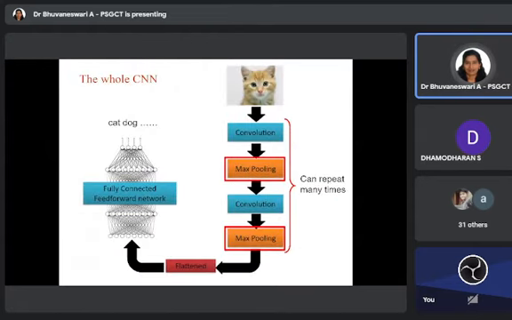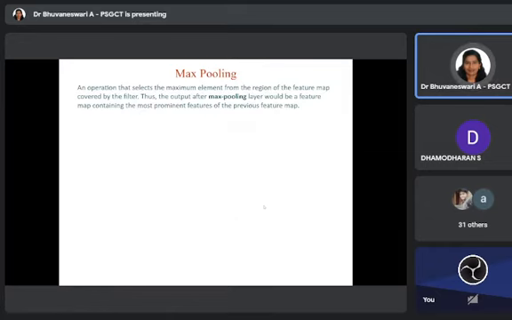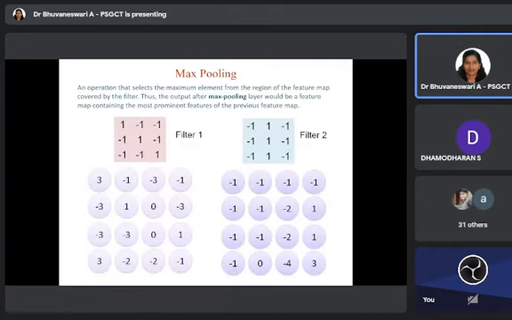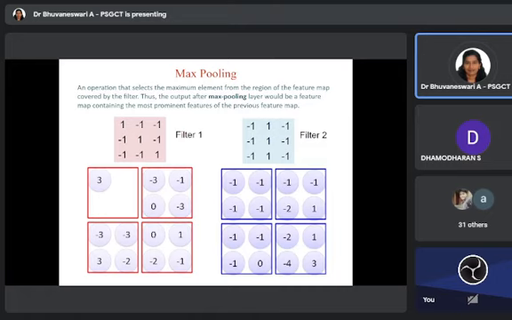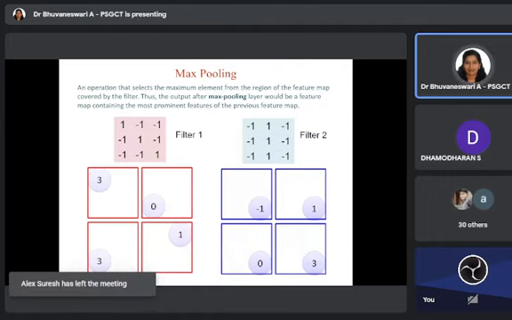This process is repeated: convolution, max pooling. This process can be repeated any number of times. Once after going for the max pooling, okay, this is filtering.